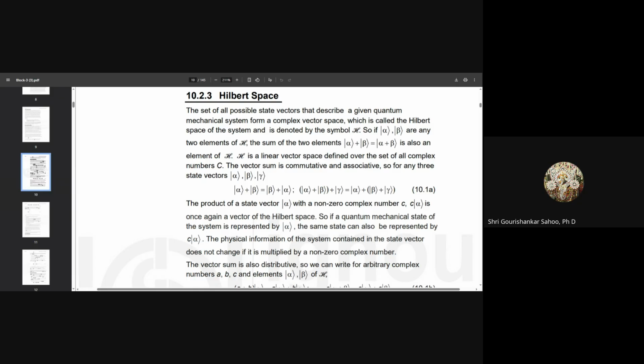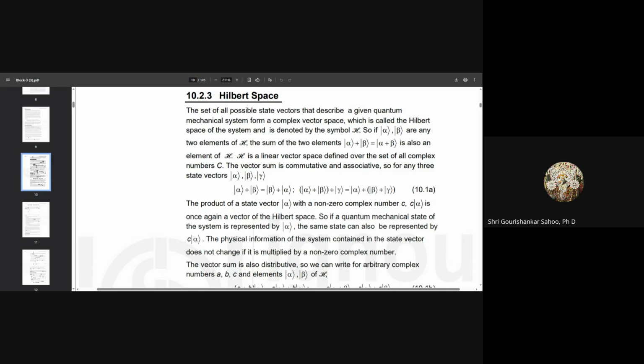You can have three state vectors alpha, beta, and gamma, and you can write ket alpha plus ket beta is equal to ket beta plus ket alpha, so it is commutative. And similarly, you can write alpha plus beta plus gamma is equal to alpha plus beta plus gamma, grouped differently, so it is also associative. And the product of the state vector alpha with a non-zero complex number C, say C can be 1, 2, 3, 4, anything else, written as C alpha, is once again a vector of the Hilbert space.